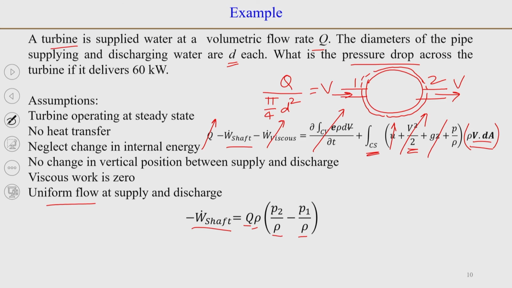So, you have minus shaft work is equal to Q rho (P 2 by rho minus P 1 by rho). Now, rho and rho will cancel out. So, you will end up with P 1 minus P 2 is equal to shaft work divided by Q. Okay. So, this is a simple example.